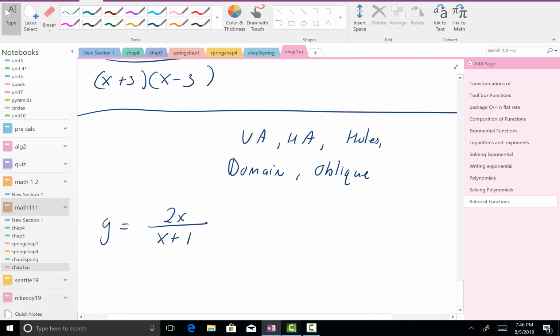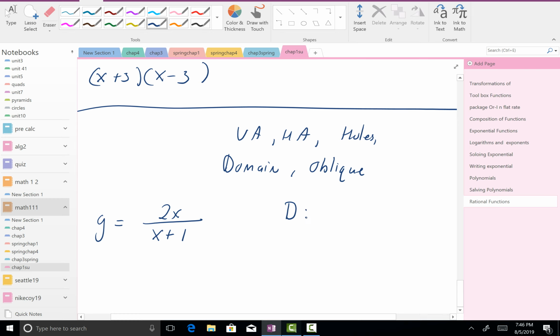Domain first. What can't the domain be? -1. Look at the bottom: whatever makes the bottom 0, the domain can't be that.